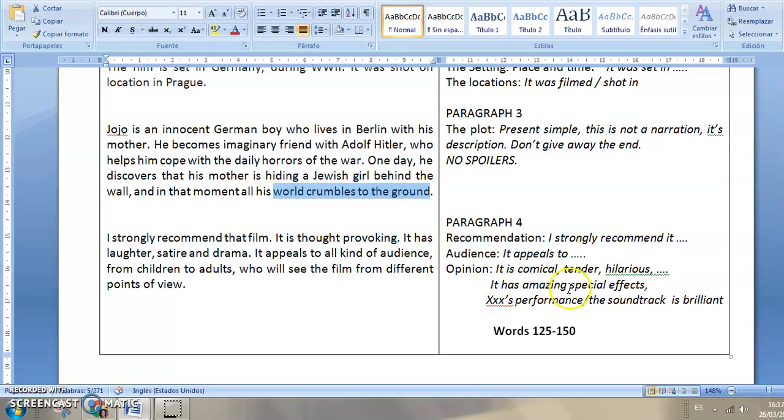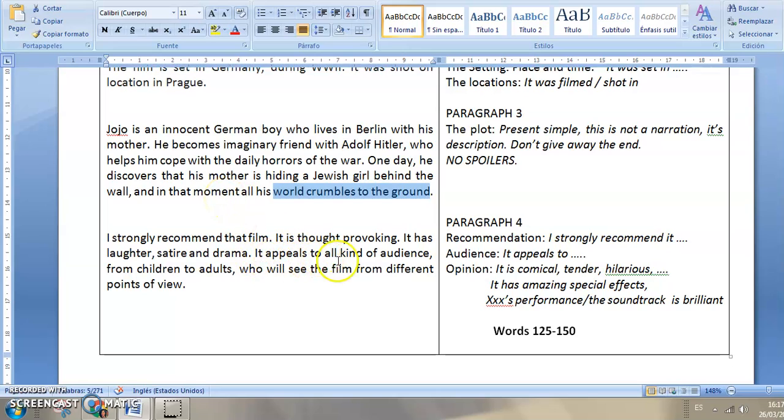It has amazing special effects. You can talk about the soundtrack, the special effects, the cast, any of the elements that make the film possible. Right? You're giving an opinion about it, so you can just feel free to say anything that you think will be useful for other people, right? So how you feel about it.